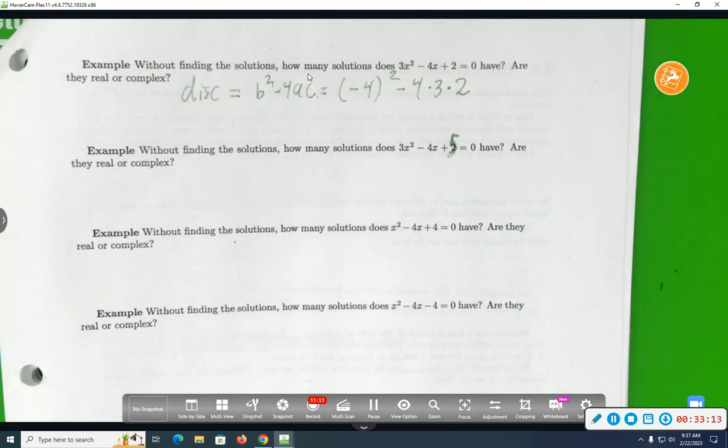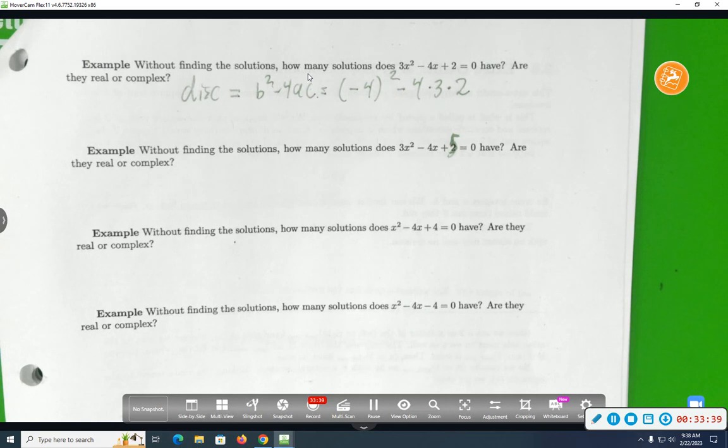And all I care about is, is it positive or negative or 0? And if it's obvious, then I should stop. If it's not, then I should keep computing. Can anyone just eyeball that and tell me if it's positive, negative, or 0 without computing it? Negative. Can you say like 2 sentences about why?